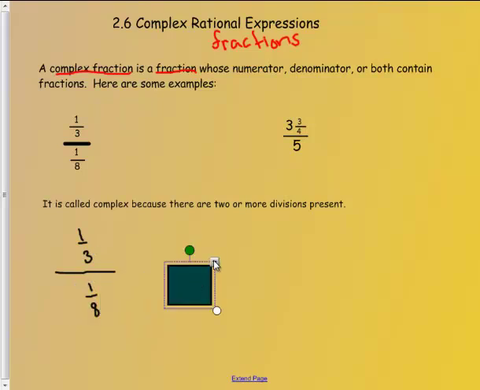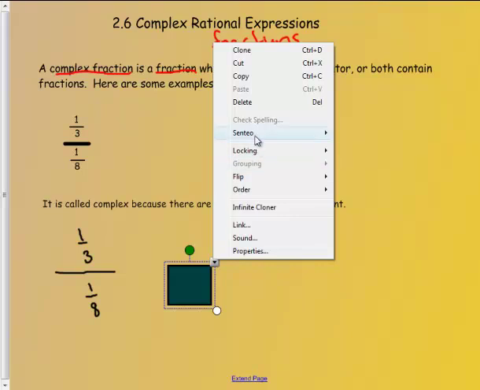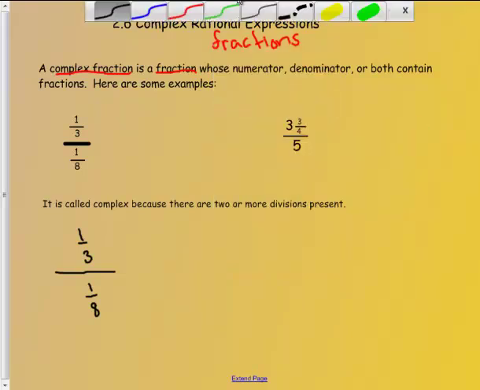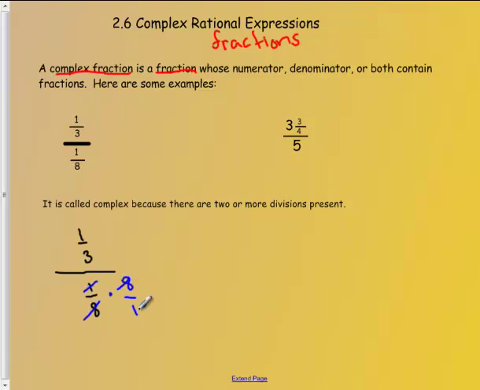So watch and learn why you flip and multiply. I'm going to take this and I'm going to multiply this by 8 over 1, its reciprocal. And when I do that, voila, I'm left with the magic number 1 on the denominator. What I do to one, I have to do to the other.